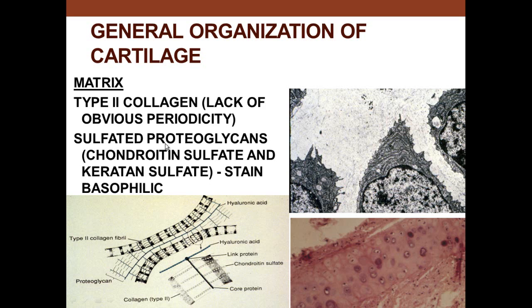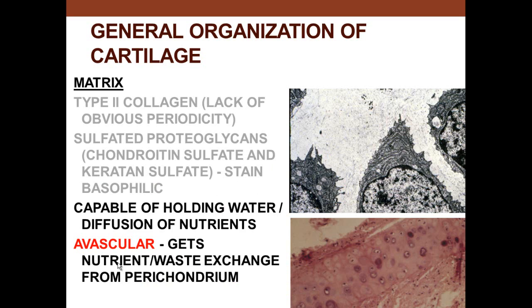So you have sulfated proteoglycans, chondroitin sulfate, keratan sulfate, and that's what gives cartilage its bluish basic staining. And here you can see where the chondroitin sulfates are added to the protein core, which add to the hyaluronic acid, which is a ground substance that then connects to the type 2 collagen fibers.